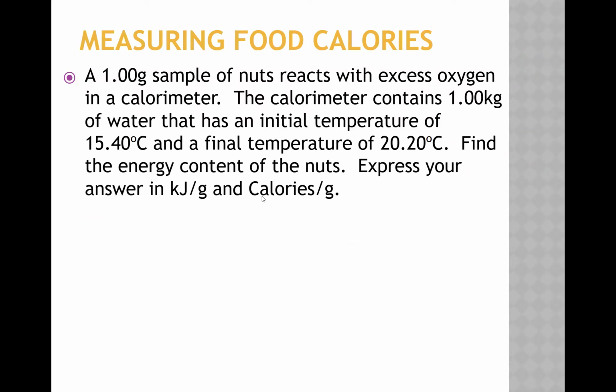Okay, say we're going to measure food calories. We have a 1.00 gram sample of nuts. Nuts have a lot of healthy fats in them. And they react with excess oxygen in a calorimeter. The calorimeter contains 1.00 kilograms of water. So let's look at this.